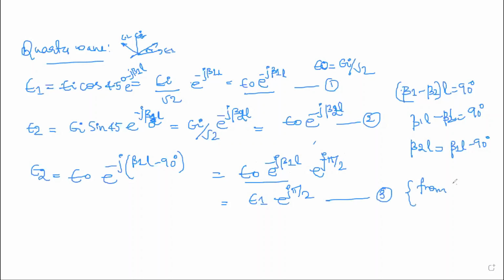So you have two components from the first quarter wave section, that is E1 is equal to E naught e to the power minus j beta 1L. Similarly, E2 is equal to E1 e to the power j pi by 2. Is that fine till here? Yes, ma'am. Yeah. So I'll clear the screen.